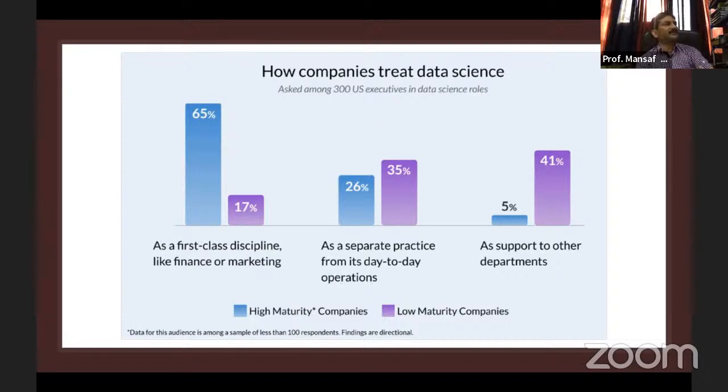As a separate practice from IT day-to-day operation, 26% for highly matured companies and 35% for low maturity companies. As support to other departments, 5% and 41% for low maturity companies. So these are the scenarios in which companies are treating data science.